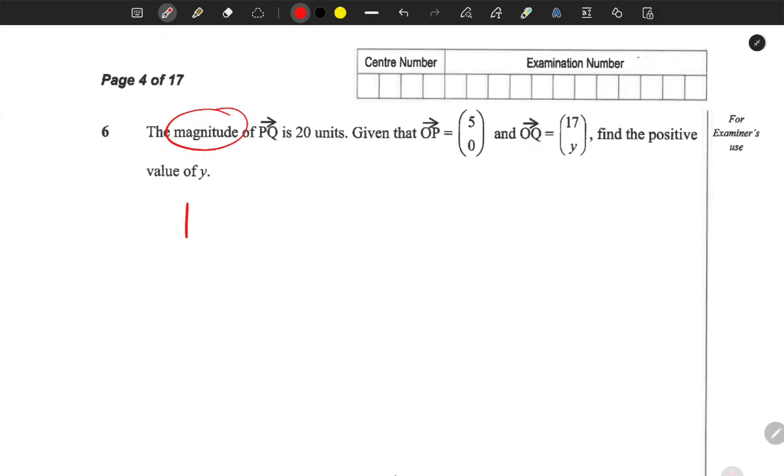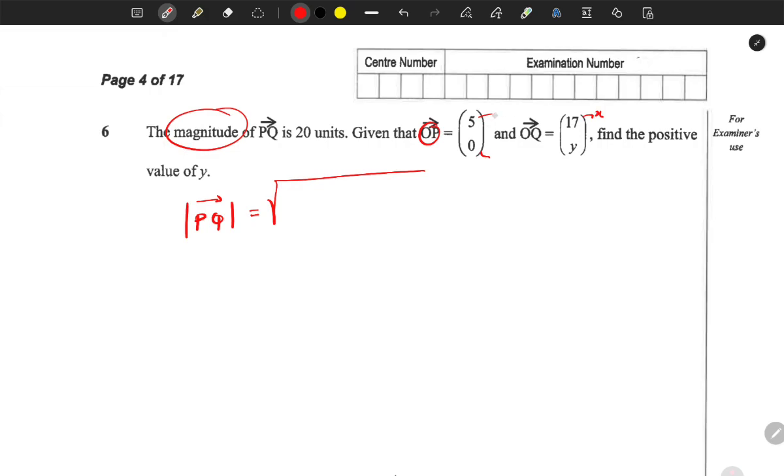The magnitude of PQ will just be equal to the square root of, well, now we can see that OP has got the x component and the y component. Even OQ has got the x component and the y component.